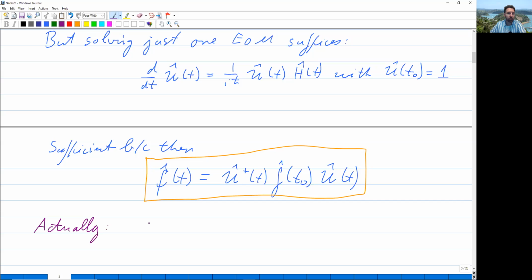And this is what we can do. We can reduce the problem from having to solve for one operator-valued function of time to the problem of having to find one vector-valued function of time. Actually, it suffices to solve for one vector-valued function of time.